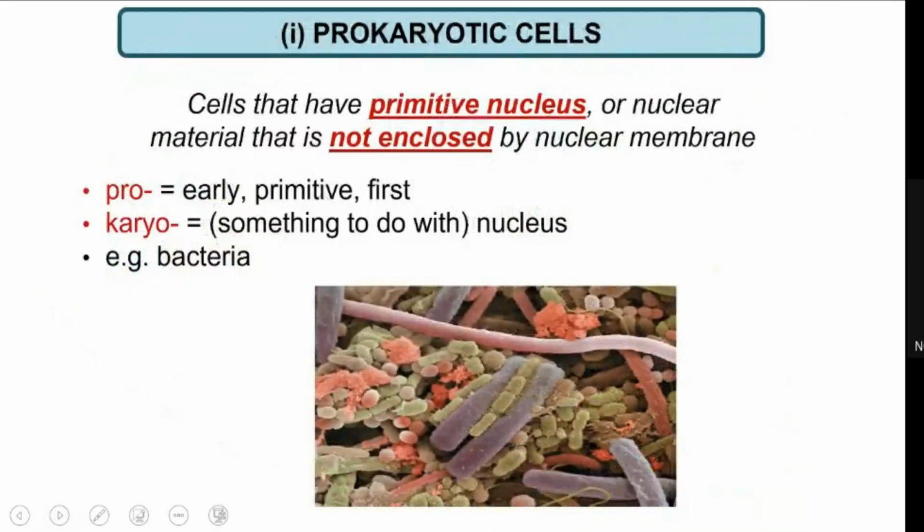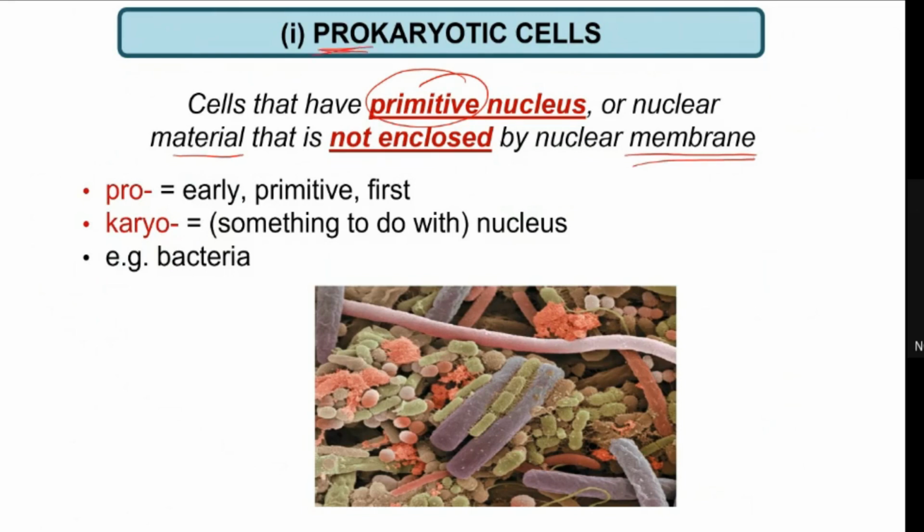What are prokaryotic cells? Prokaryotic cells are cells that have a primitive nucleus. When we have to describe what a primitive nucleus is, it is when the genetic material is not enclosed in any membrane in the cell.